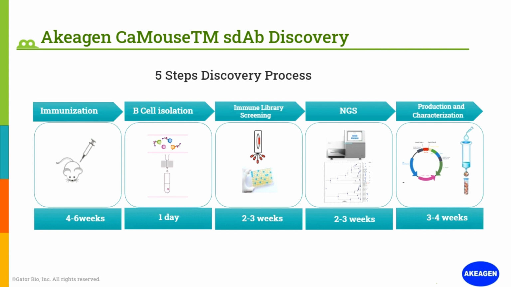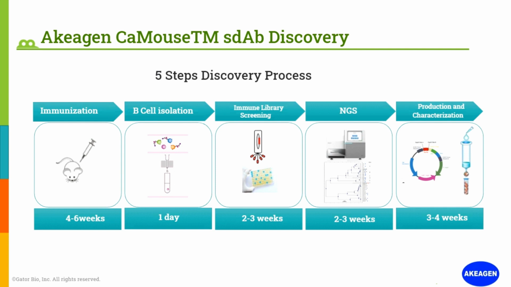Combined with next generation sequencing, we can have full coverage of the whole repertoire of the immunized VH single-domain antibody repertoire. With the leads, we can go to the next step for characterization. The whole procedure takes about 3 to 4 months.